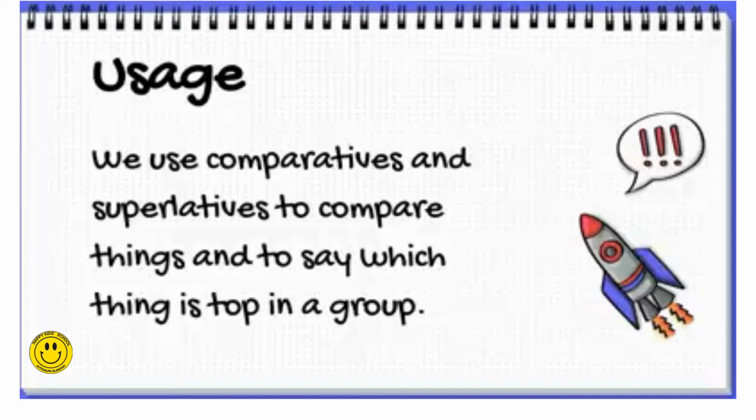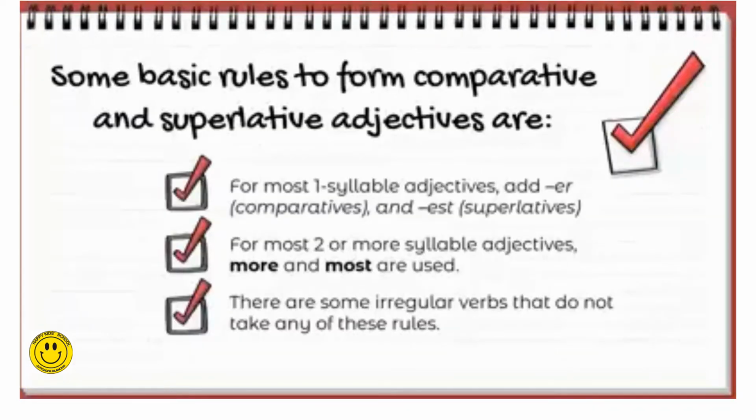All right, so let's take a look at some basic rules to form comparative and superlative adjectives. For most one-syllable adjectives, we have to add -er to form a comparative and -est to form a superlative. For most two or more syllable adjectives, we have to add more and most before the adjective.